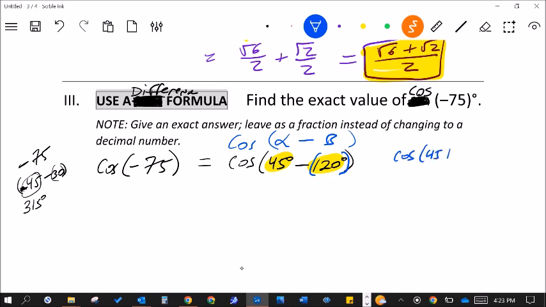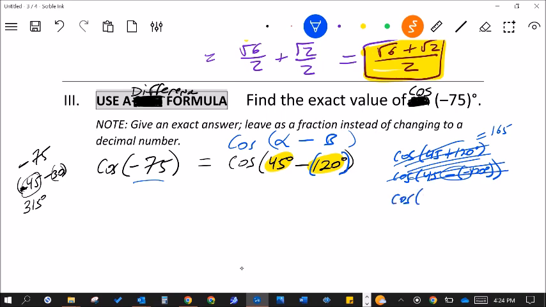Cosine 45 plus 120 degrees, that plus is actually minus a negative 120 degrees. So we could use a negative 120, but you see the problem with this is we're trying to get to negative 75 and this adds up to 165. So that means that this is not what we want to do. I just wanted to show you that you could use two negatives or switch the positive and negative. Maybe that's the better way to put it. Cosine of 45 degrees plus a negative 120 degrees. So this one would actually work for this problem.